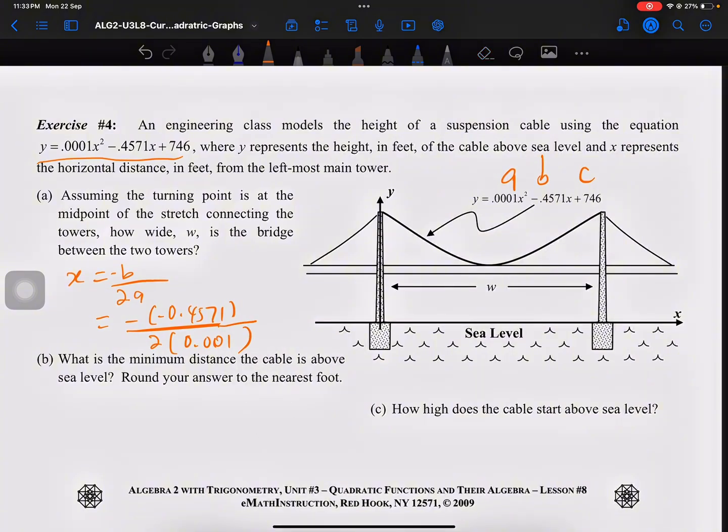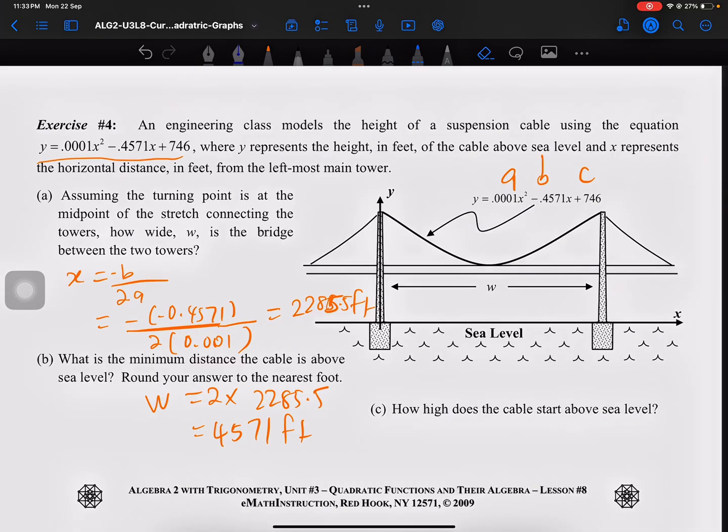And this will be 2285.5 feet. Okay, that's the middle. So to find the width, W is 2 times 2285.5. It is 4571 feet.